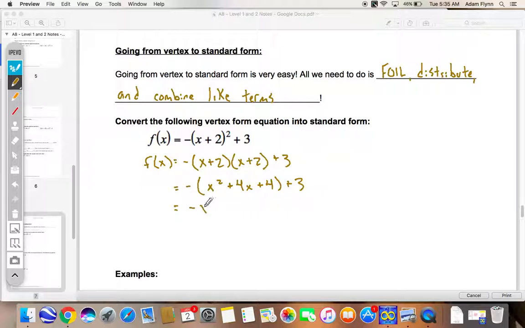So when I do that, I get negative x squared minus 4x minus 4, and then this plus 3 tags along. So I know my standard form equation here, I have to combine like terms, is negative x squared minus 4x, and then negative 4 plus 3, which is negative 1.